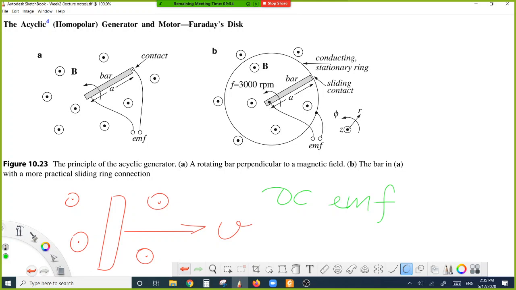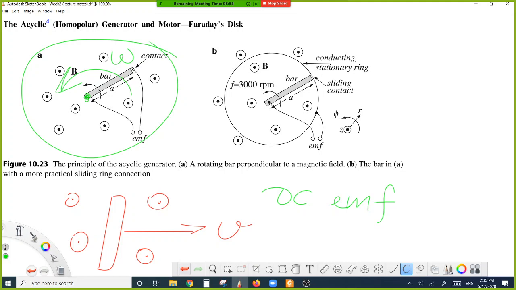One application of this phenomenon is the DC generator. In this case, we don't have a moving bar. Instead of moving, we fix our bar at some point and we start to rotate it with some angular frequency omega.